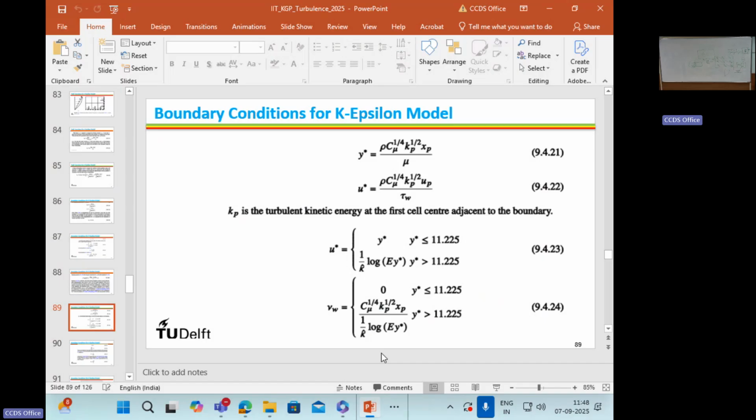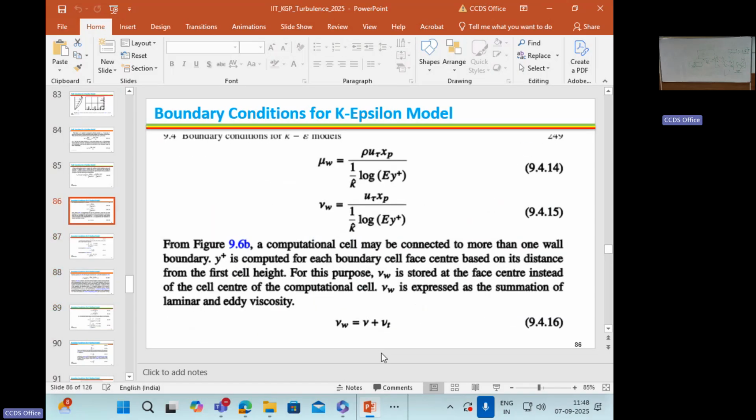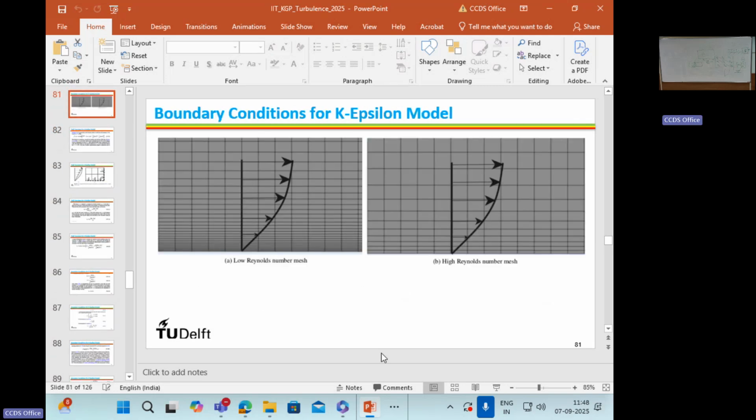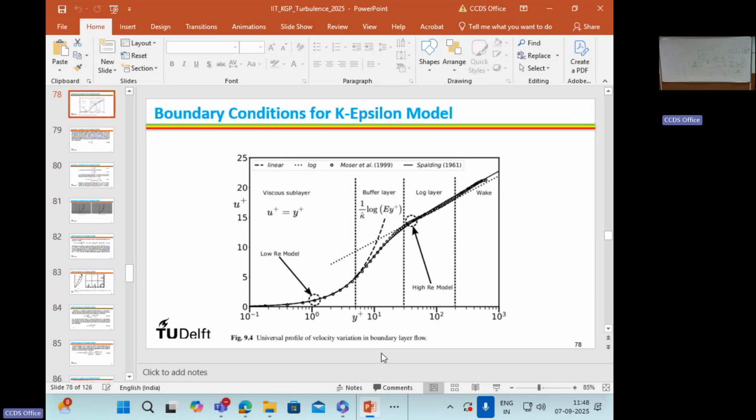This is not explicitly mentioned anywhere in the documentation or book. In every document, every book you follow, they just mention this profile and leave it. Okay, y plus 5, y plus 30.